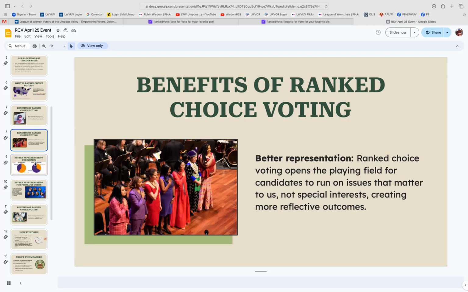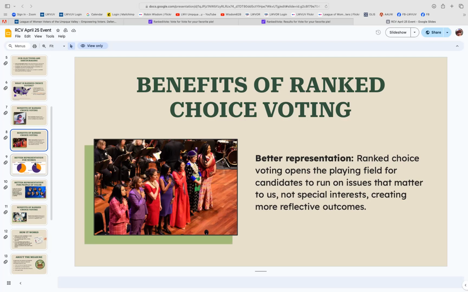And so it's really paving the way for more diverse candidates, for more candidates that have different viewpoints, different opinions, and ultimately it's about the outcomes that really reflect our community and not only about the issues that special interests tend to care about. And I would like to show this image here.